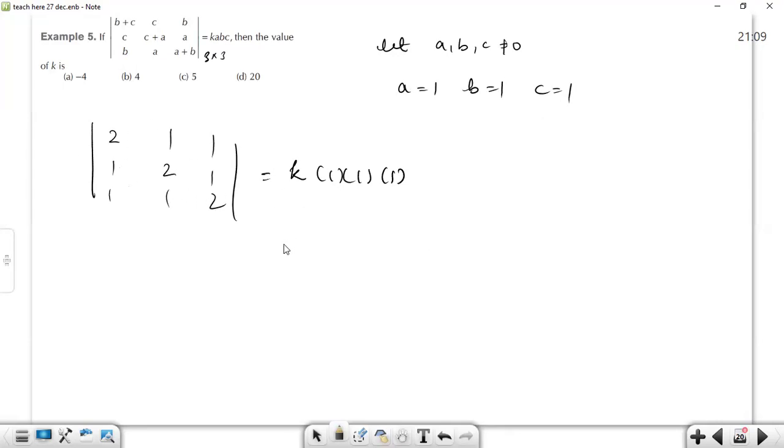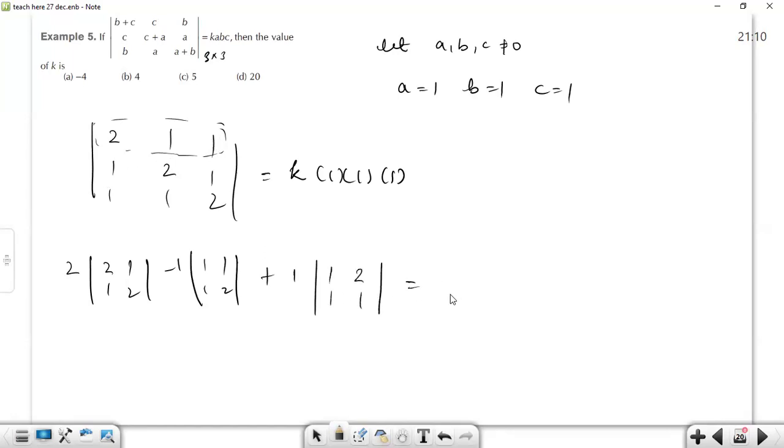So now its determinant will be equal to k. Finding it out: 2 into determinant 2, 1, 1, 2, minus 1 into determinant 1, 1, 1, 2, plus, we are considering the first row this time, plus 1 into the remaining 2 by 2 determinant, formed by the first column and second column, is equal to k.